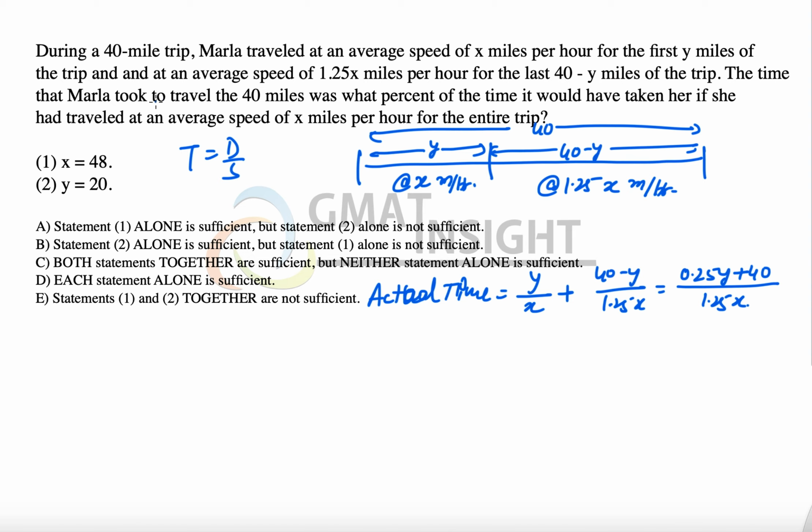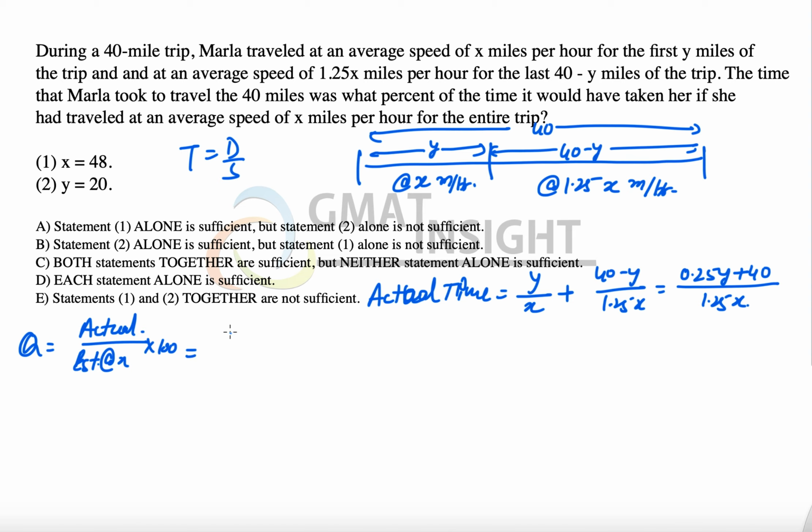if the time that Marla took to travel was what percent of the time it would have taken her if she had traveled at the average speed of x miles per hour. So the question is that actual time is what percentage of the estimated time at a speed of x.